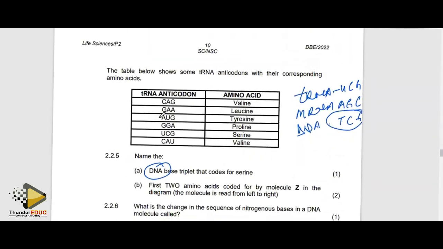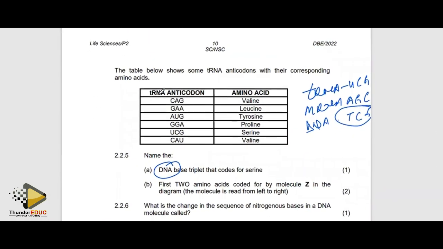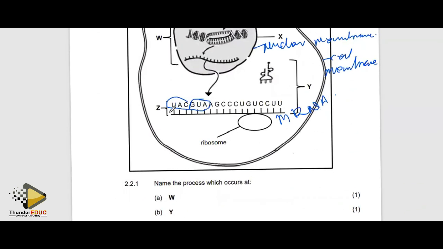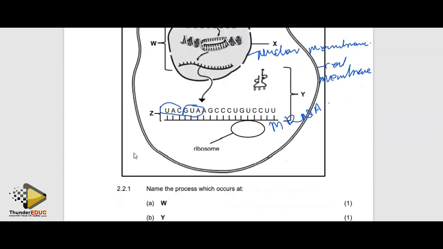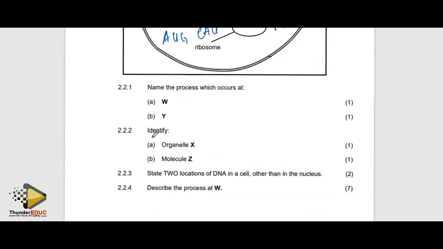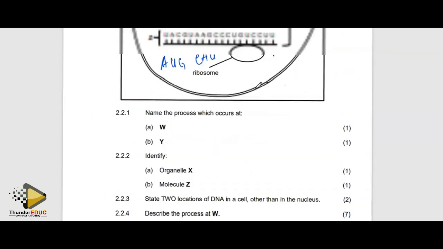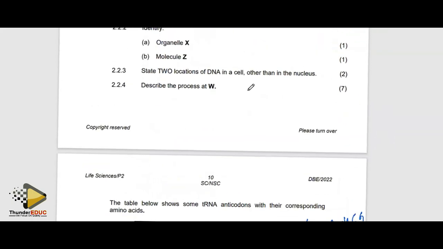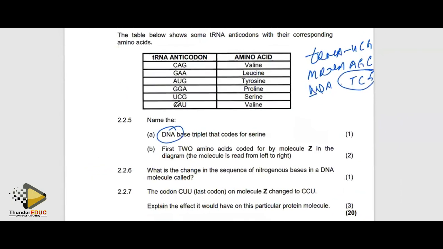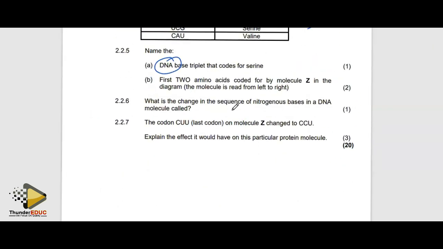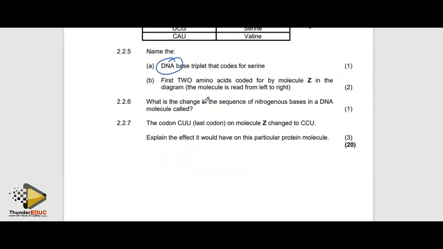I need to go to the table and check. Since it is transfer RNA, I have to convert this into U goes with A, A goes with U, and then G, and another one is CAU. So AUG, I come here and look for AUG, which is tyrosine, and then CAU, which is valine.